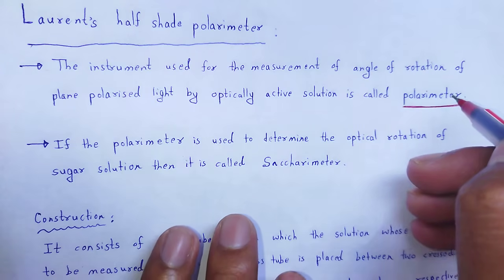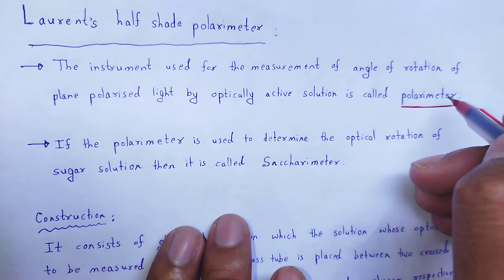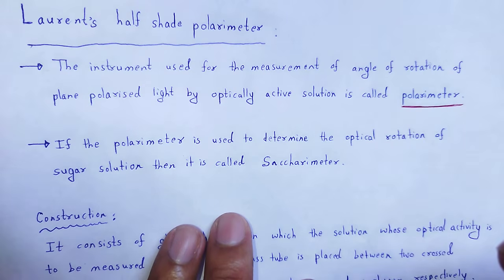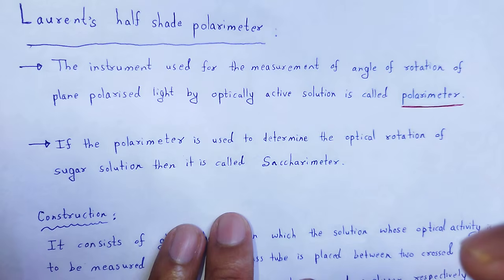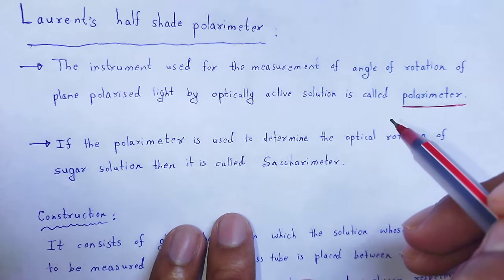So, a polarimeter is such a kind of instrument. By using that polarimeter, the angle of rotation is measured.